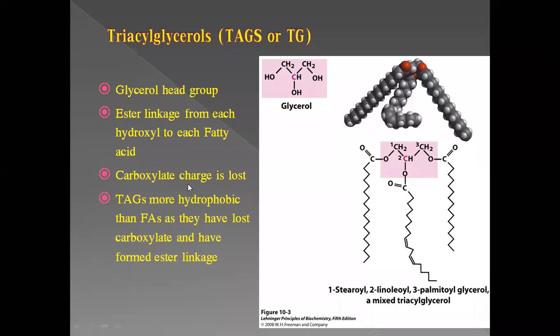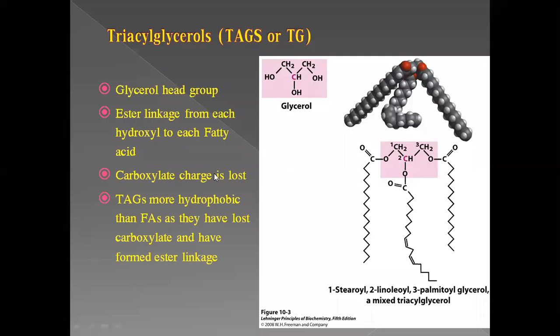During the formation of the ester bond, it forms between the hydroxyl functional group of the glycerol molecule and the carboxylate functional group of the acid molecule. During this formation, the carboxylate charge is lost.